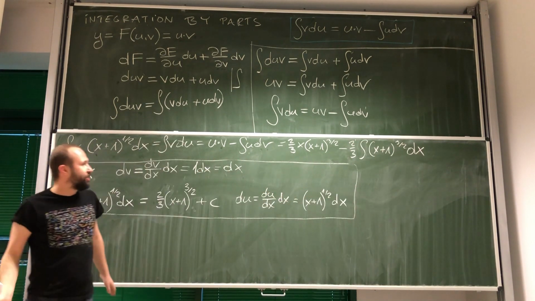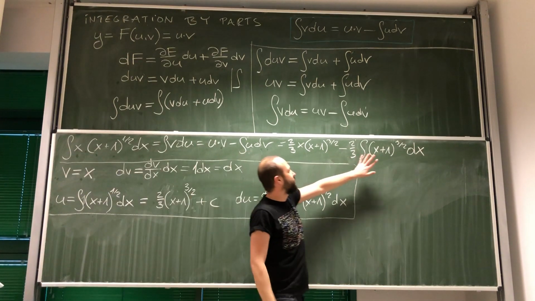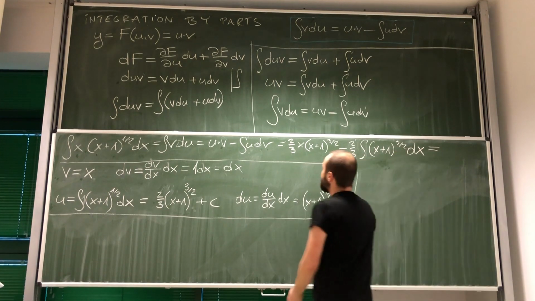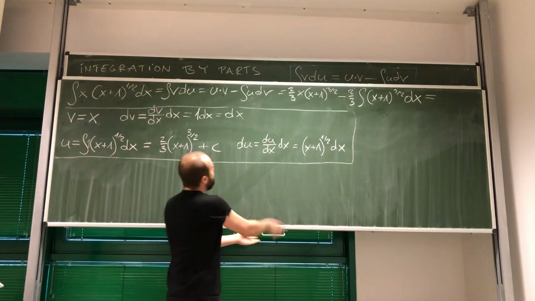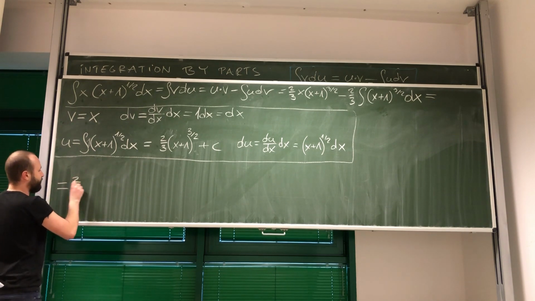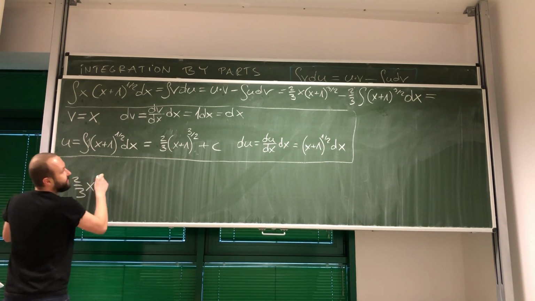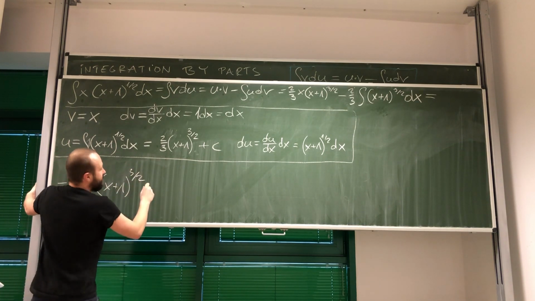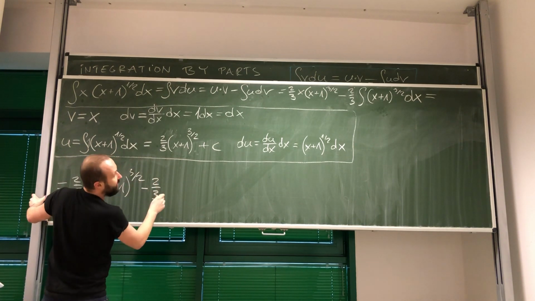And look, again here, I need to use integration by substitution to calculate this. So, in this case, I'm getting that this is equal to 2 over 3 x times x plus 1 to the power 3 over 2 minus 2 over 3 times.